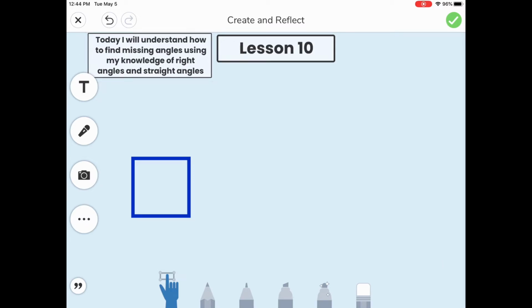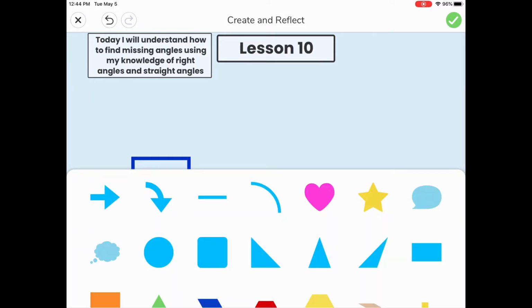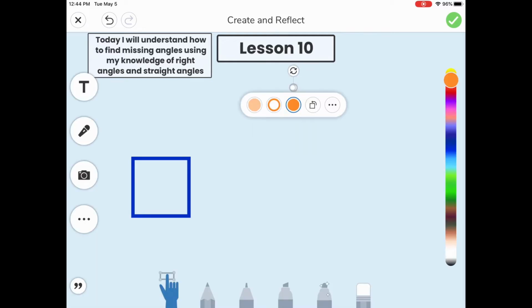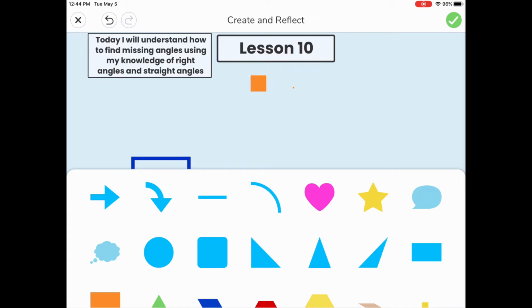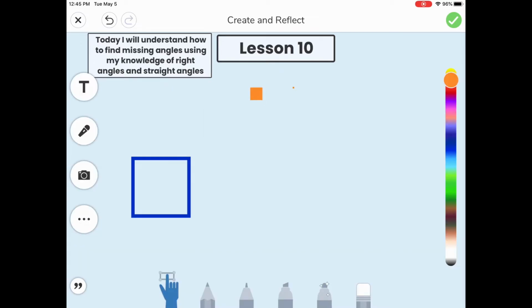So if you see it, there is a square in front of us. We have learned that squares in the corner have a 90-degree angle.